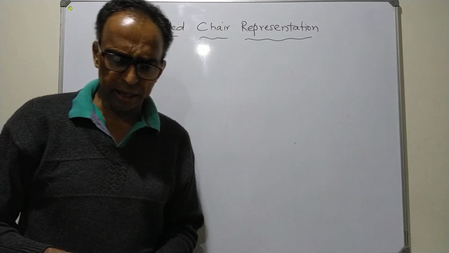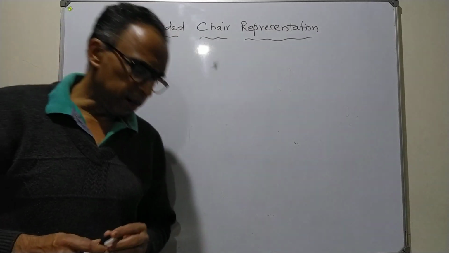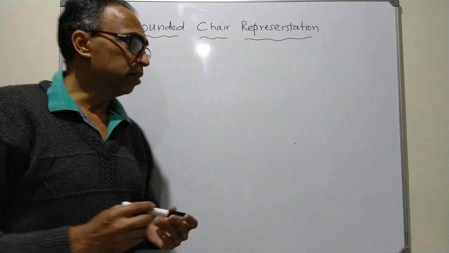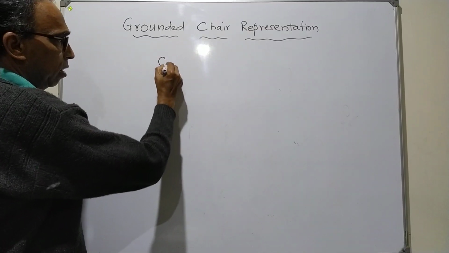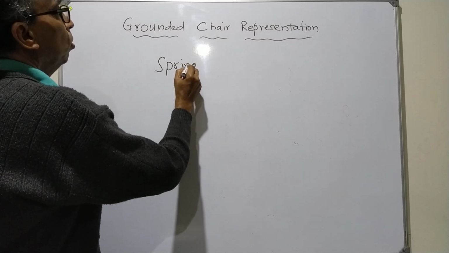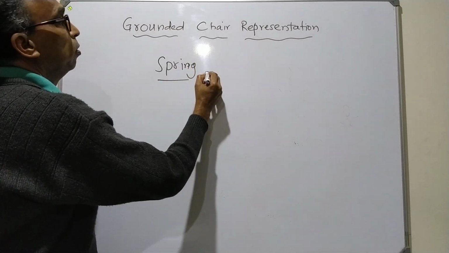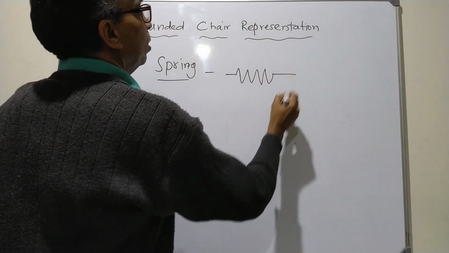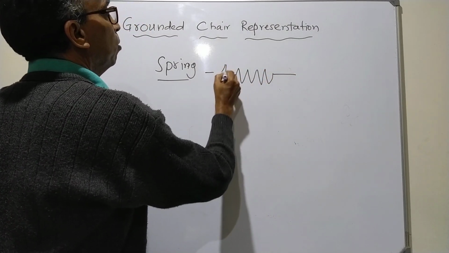Just to recollect, we had identified three types of basic elements. One was spring, which we represented something like this, isn't it? And this was the fixed end.